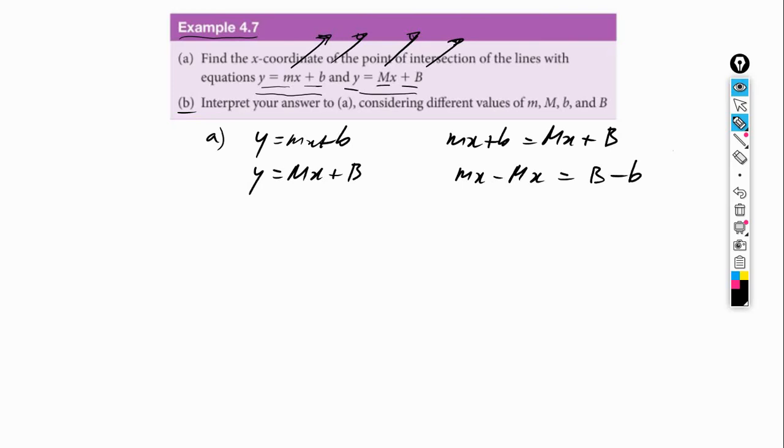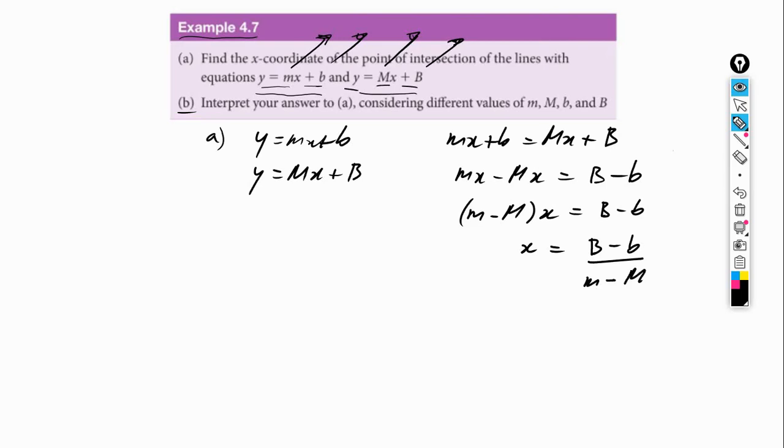Here we can factor out x, so m minus uppercase M times x is equal to uppercase B minus lowercase b. So x is equal to uppercase B minus lowercase b over lowercase m minus uppercase M.